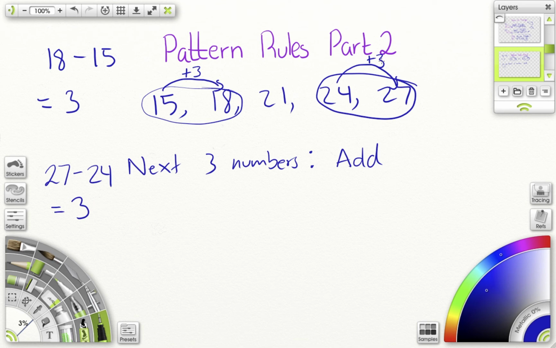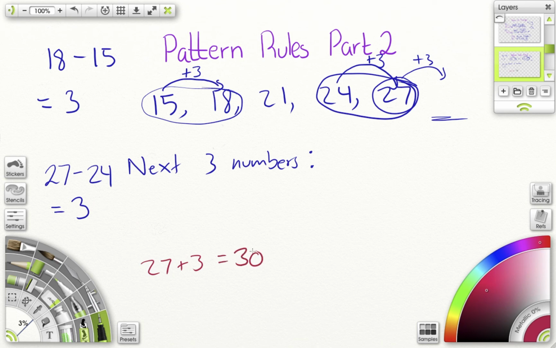So first of all, we need to figure out the next 3 numbers. I know it's going up by 3, so I just take this number and add 3 to it to get the next number. Let's do it in a different color. 27 plus 3 equals 30, so my next number is 30.